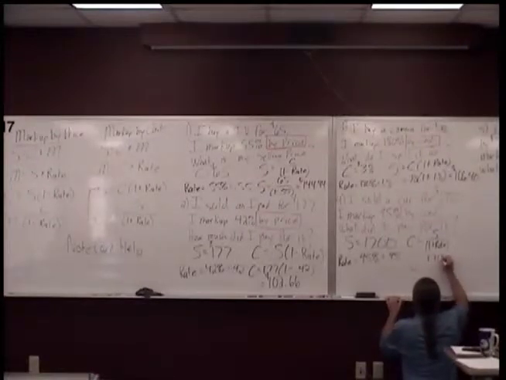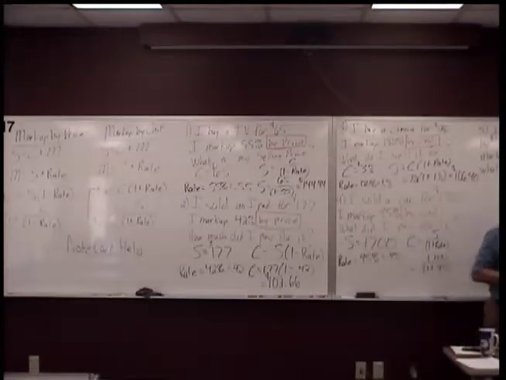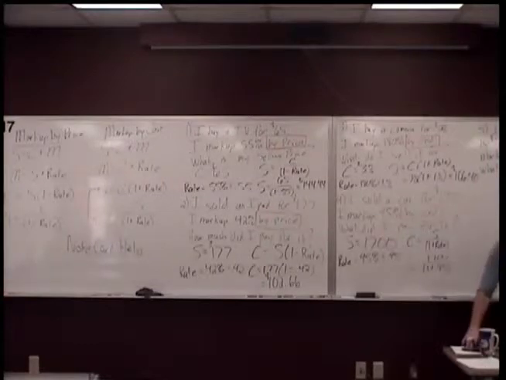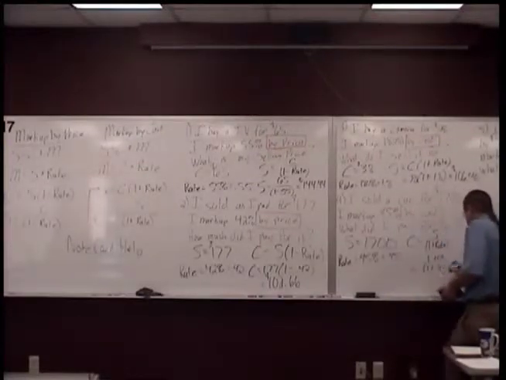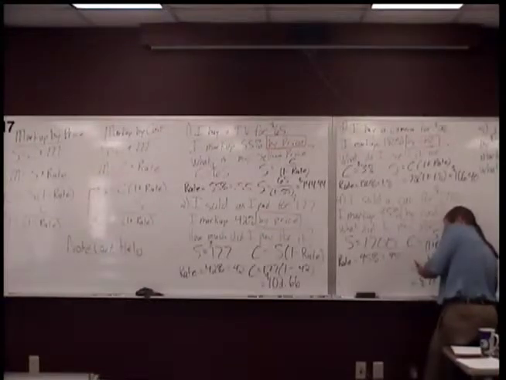So $1,700 over 1 plus my 0.95. And again, hopefully, you can add 1 and 0.95 together. So 871.49 or 79.